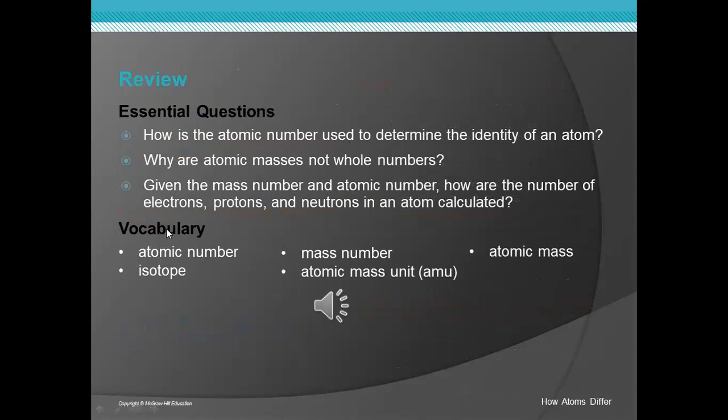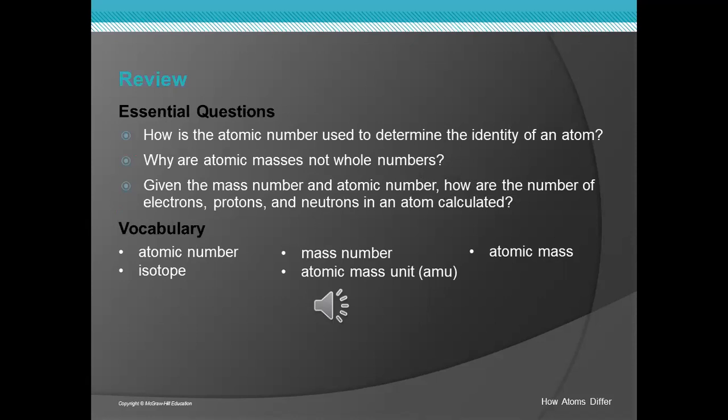This is the question that we studied. How is atomic number used to determine the identity of an atom? Why are atomic masses not whole numbers?